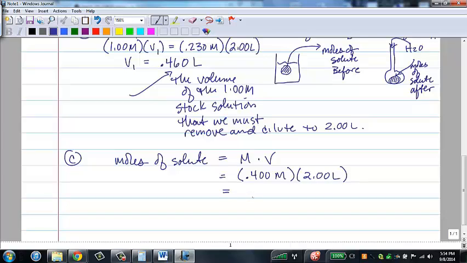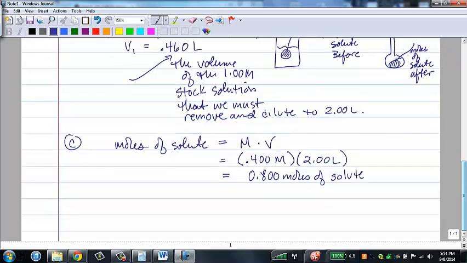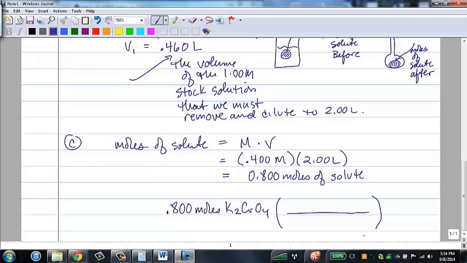So we need 0.8 moles of the solute. We need to multiply 0.8 times the molar mass of our solute.